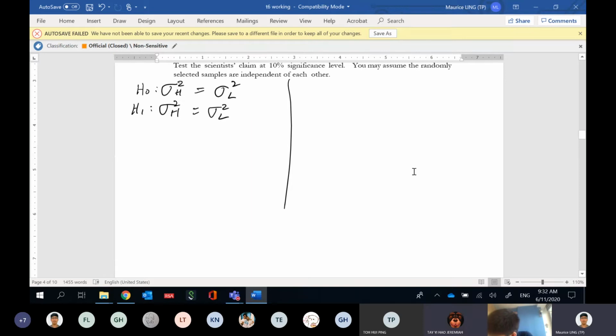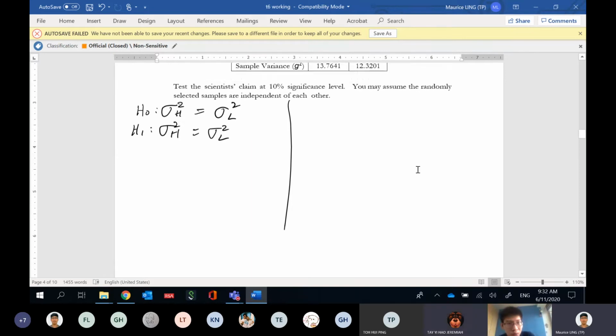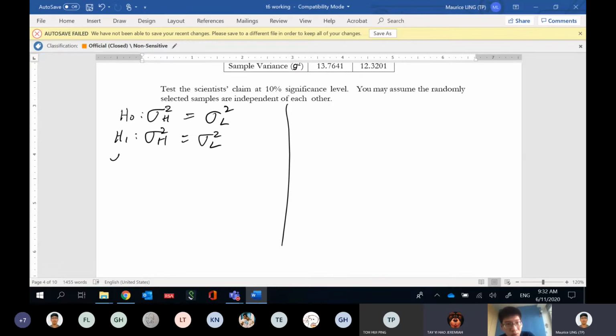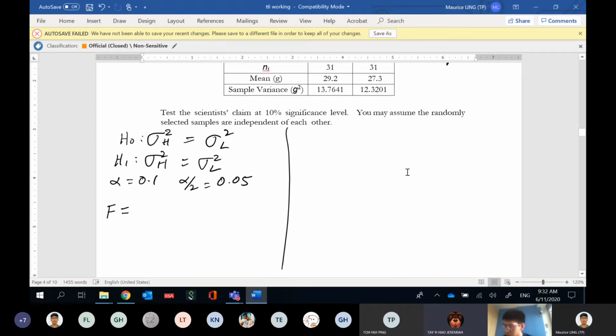Then what will be the alpha? Alpha is 0.1. But here we use alpha divided by 2. So it's 0.05. Then how do you calculate the F statistic? You take the higher variance over the lower variance.